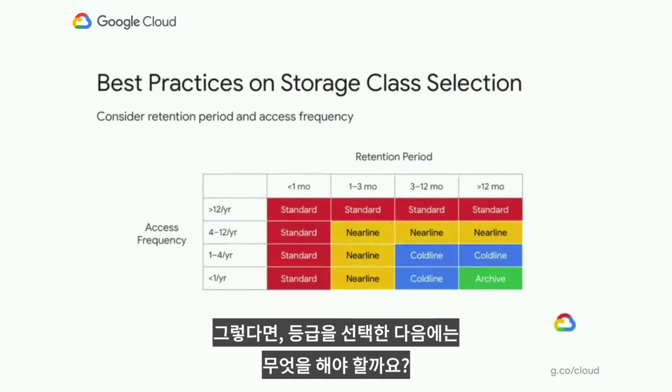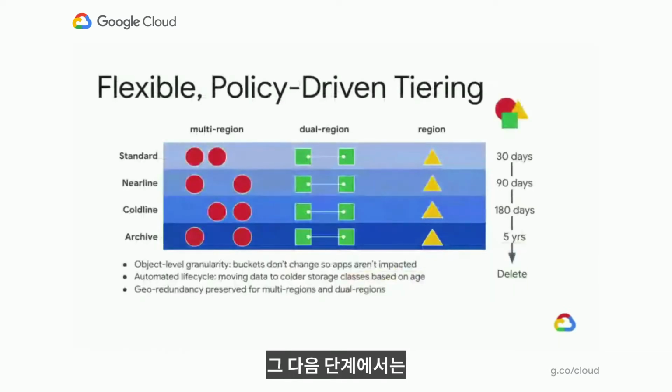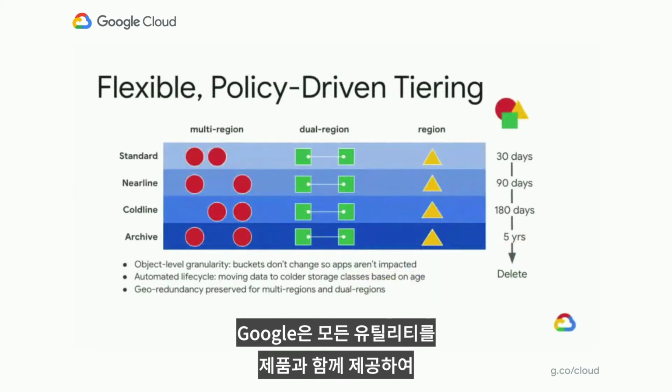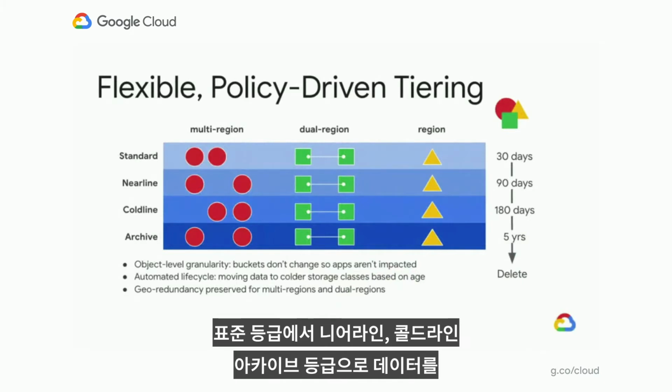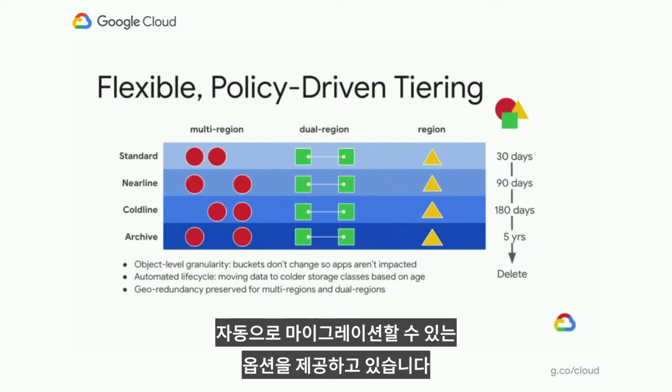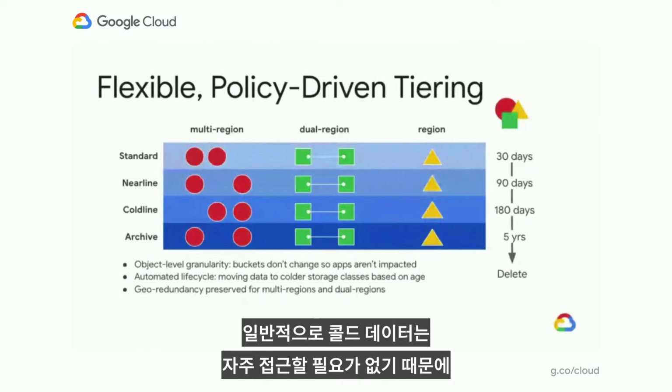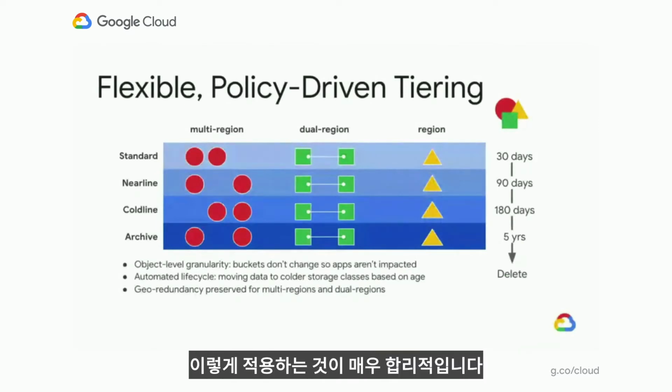But then what do you do? Well, this is where you take advantage of object lifecycle management. We provide all of the utilities inside the product to automatically migrate your data from standard down to nearline to coldline to archive. You can do that based on the age of the objects, which is usually very applicable to workloads because cold data is usually infrequently accessed.